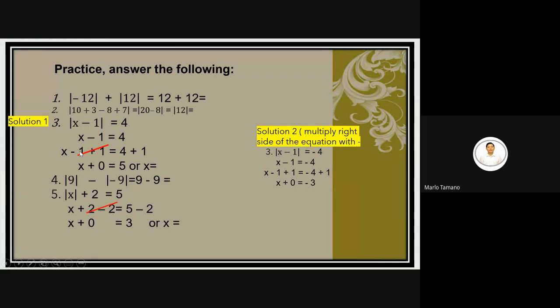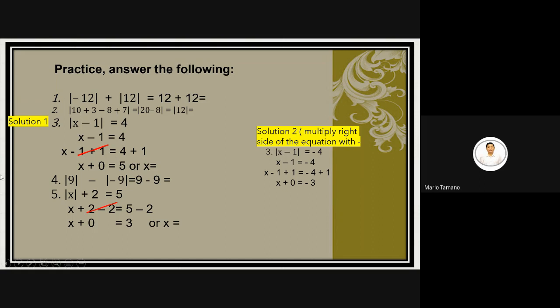Remember, kapag naibigay ninyo yung ka-opposite ng negative 1 na positive 1, pag pinag-add ninyo yan, that is 0 already. So kung ano yung dinagdag natin, plus 1 po sa left side, plus 1 din po tayo sa right side. So kailangan mag-add tayo ng equal number on both sides of the equation.